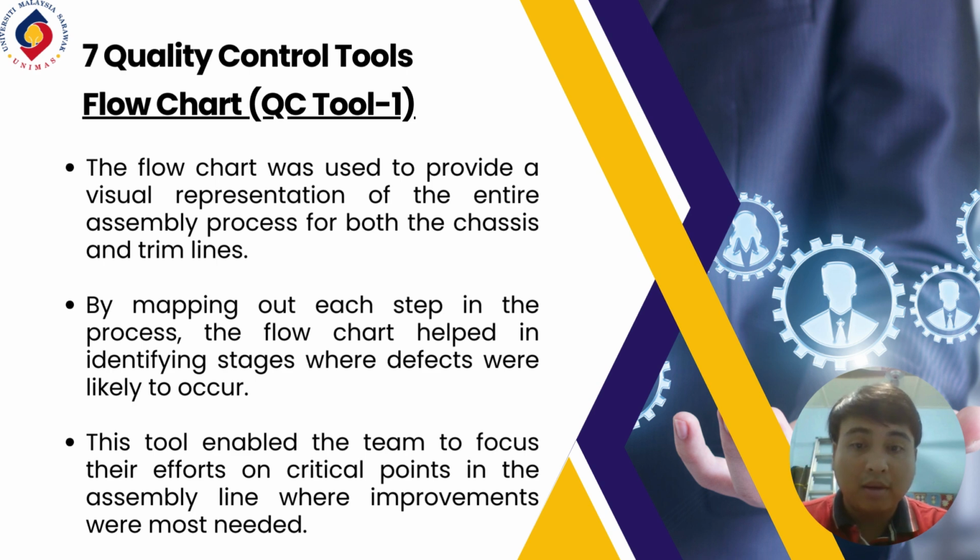By mapping out each step in the process, the flowchart helped in identifying stages where defects were likely to occur. This tool enables the team to focus their effort on critical points in the assembly line where improvement was most needed.